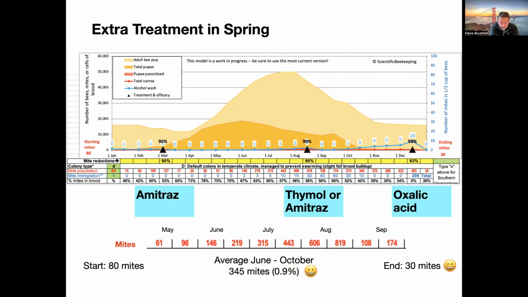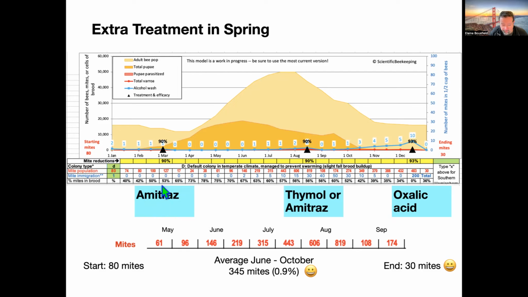So how would you deal with that? Well, at least for now, while amitraz is working, and there's talk of in some areas that it's losing its effectiveness, but I've not seen that personally.